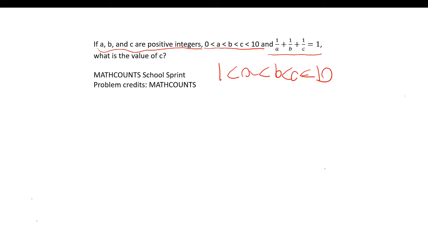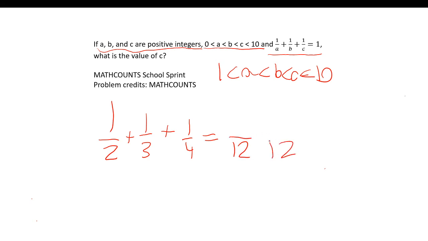All right, so we're going to set a. We're going to guess and check. Guessing and checking starts off, we're going to set 1, 2, and 3. Or we can't have 1, so 2, 3, and 4. Alright, let's guess and check with this. We build a common denominator. We have 12 as our common denominator.